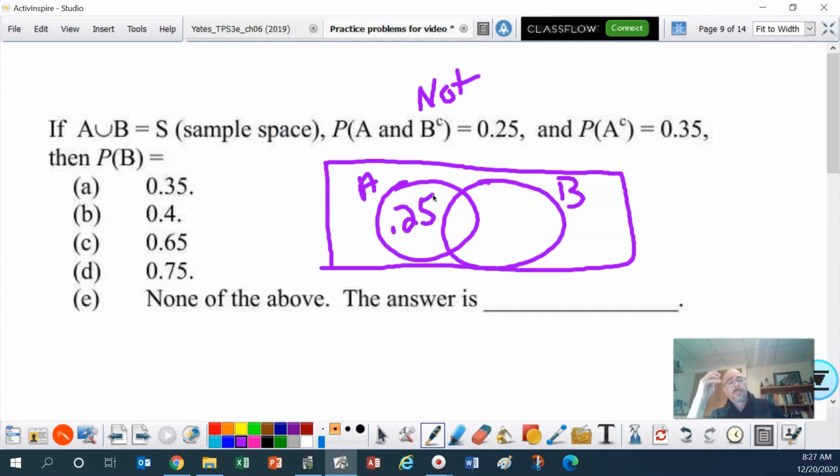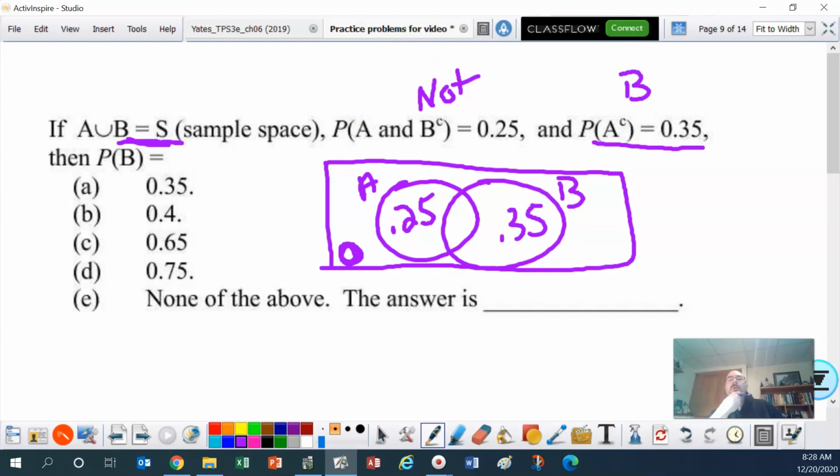And there's nothing on the outside of the circles, because it says A or B is the whole thing. So I can put a 0 there. A and not B is 0.25, and A complement is 0.35. Oh, A complement, so that has to be what B only is. So that's 0.35.